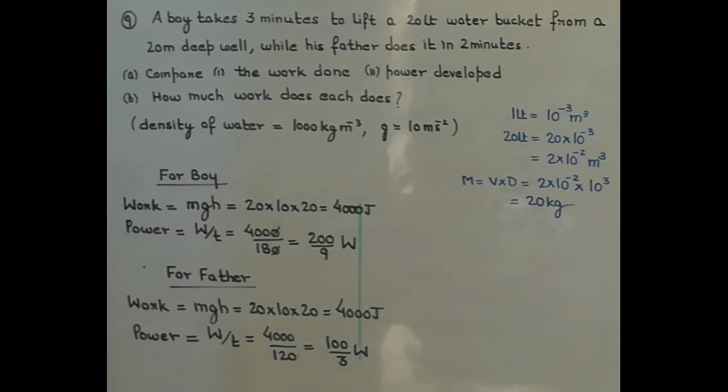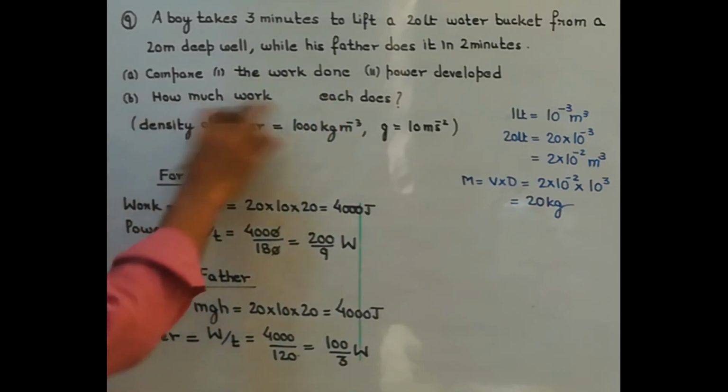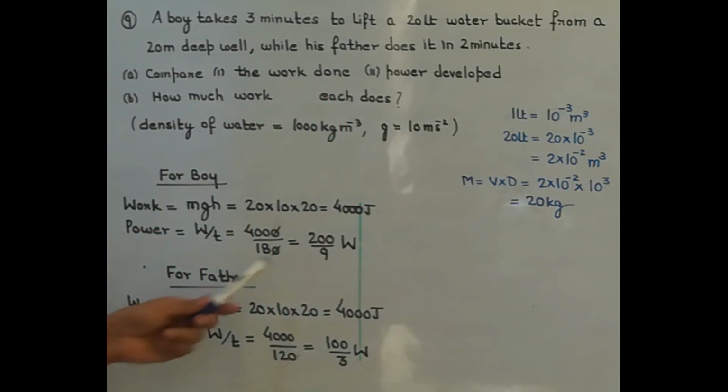Now the question says, B part we have done. How much work does each do? So 4000 joule and 4000 joule is the work done by both.